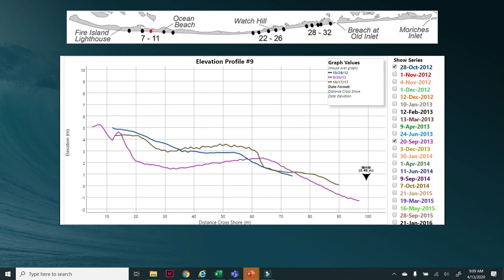We've had this berm come back, and you can see that the dune has built back up, all right? So this is an interesting case study in how we see changes to beaches because of winter storms versus the gentle summer days, and how we also see these patterns repeated from year to year to year.